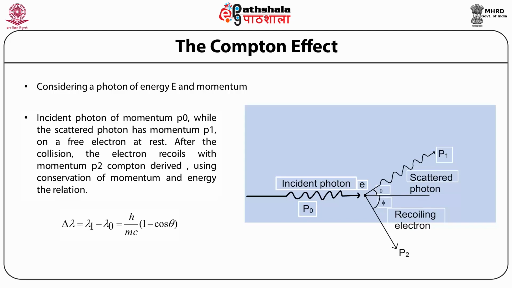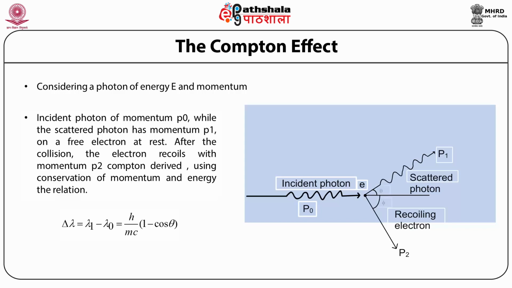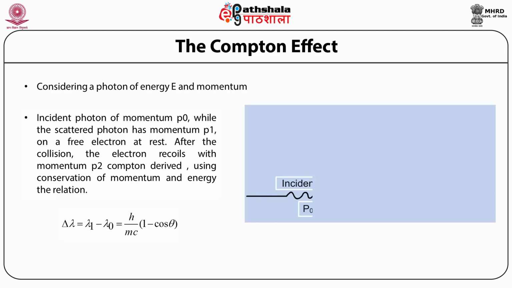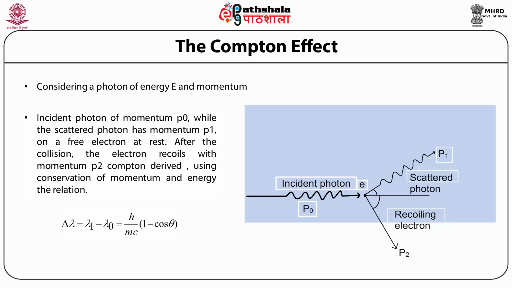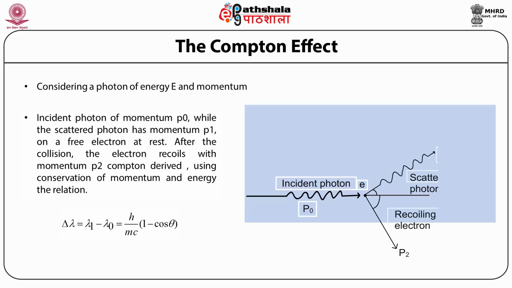Due to this elastic collision, the photon gets scattered at an angle theta with respect to the original direction in which the incident photon was moving. The momentum of the scattered photon is P1. The free electron, which was initially at rest before the collision happened, now starts moving with a momentum P2 at an angle phi with respect to the direction of the incident photon.